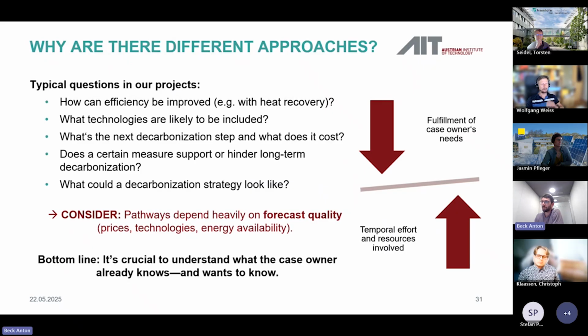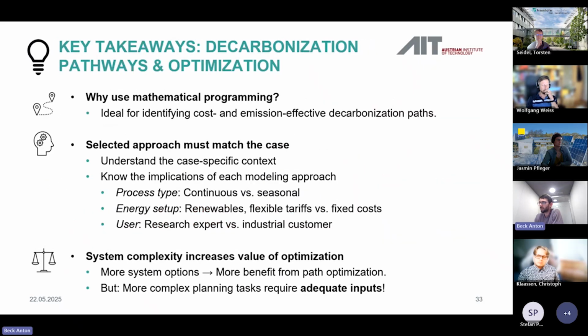And yeah, so I guess this is also on this slide. If there's continuous operation, the models become much more simple. If there's fluctuating renewables, flexible energy tariffs, it gets much more complicated because more different characteristics need to be captured.